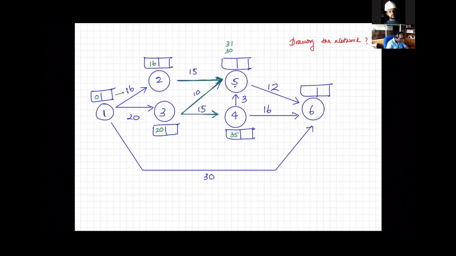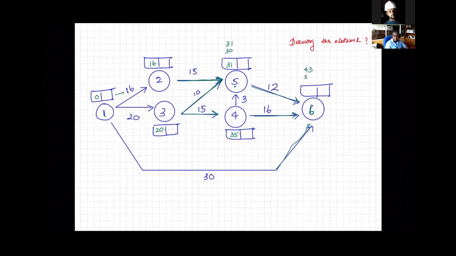So we take the higher value, 31. For this event 6, we have 3 arrows. 1, 2, 3. First arrow we are getting 31 plus 12, 43. Second arrow we are getting 35 plus 16, 51.